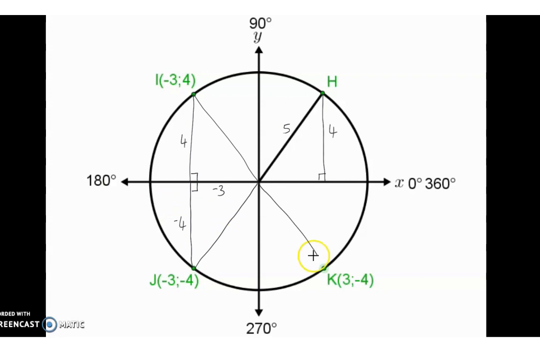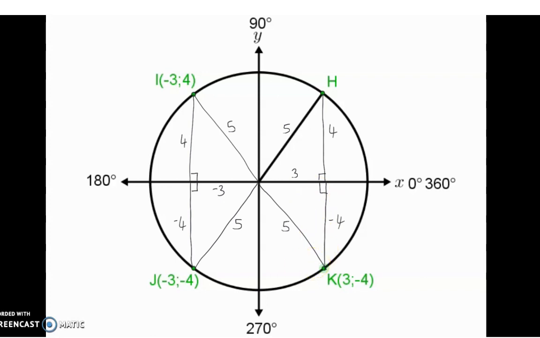And looking at a last point, K, which is (3, -4), I know that my hypotenuse for all of these will be 5, the radius of the circle. The adjacent side from the origin will be 3, and the opposite side will be -4.